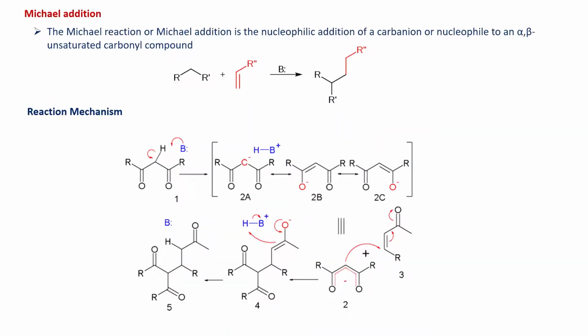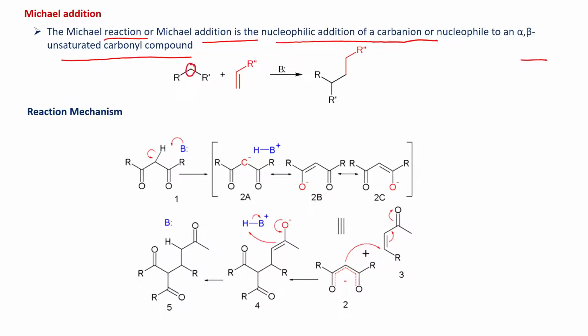So what is Michael addition reaction? Previously I have shown you that you need an alpha beta unsaturated carbonyl compound in your Michael reaction. In Michael addition, there happens nucleophilic addition of a carbanion.